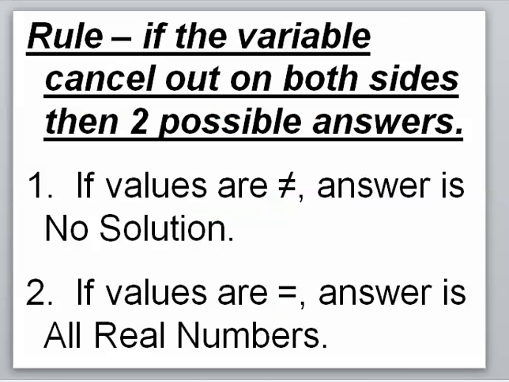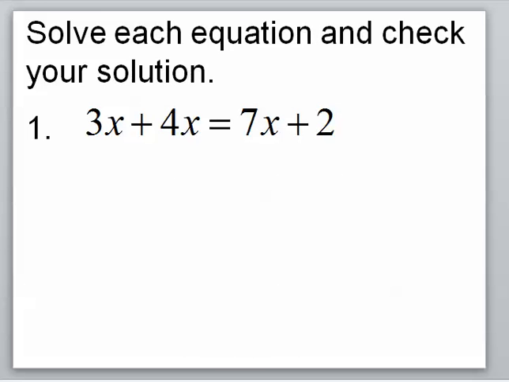There are a couple scenarios that can also happen when you have variables on both sides, and those would be where you would get a no solution answer or an all real solutions answer. So let's go ahead and look at how those take place. On this particular problem, I could combine my like terms and get 7x equals 7x plus 2.